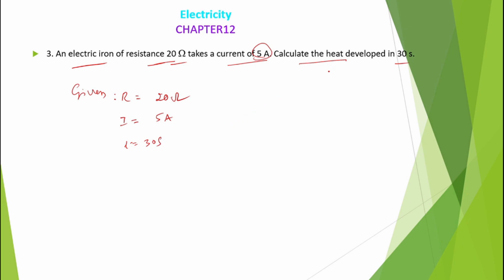He is asking for H, the heat developed. So H is equal to question mark.